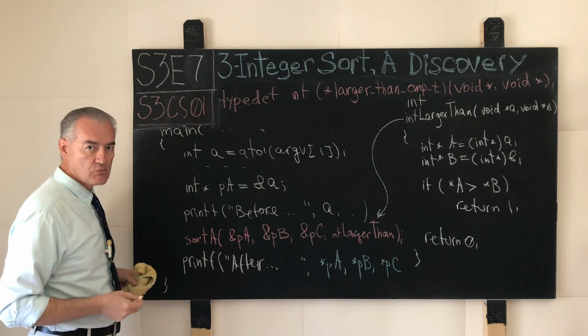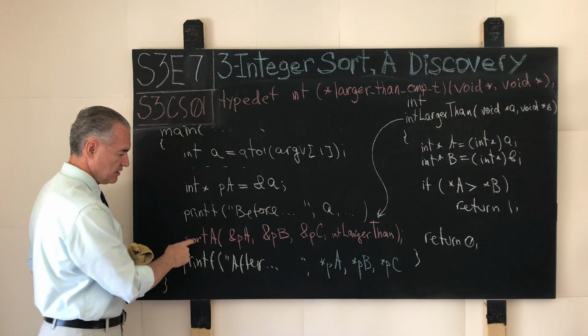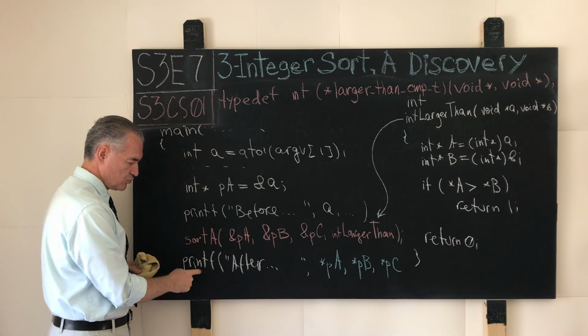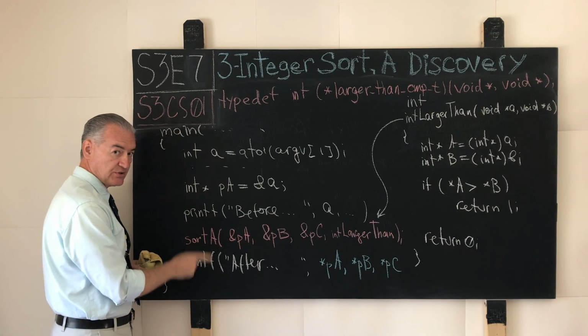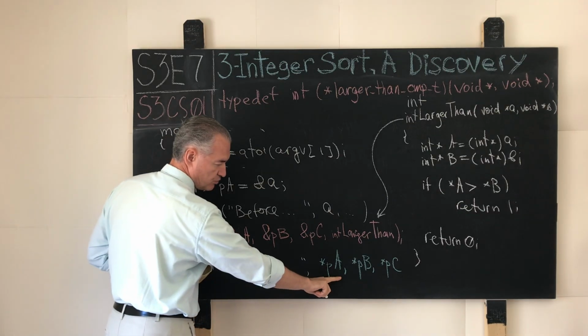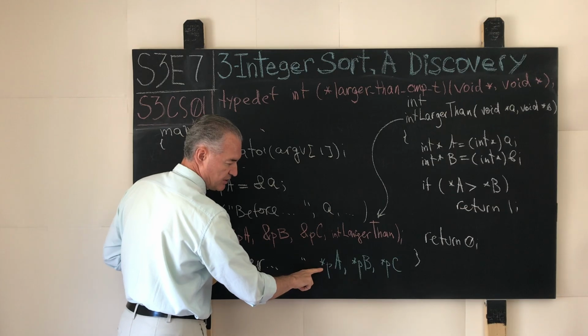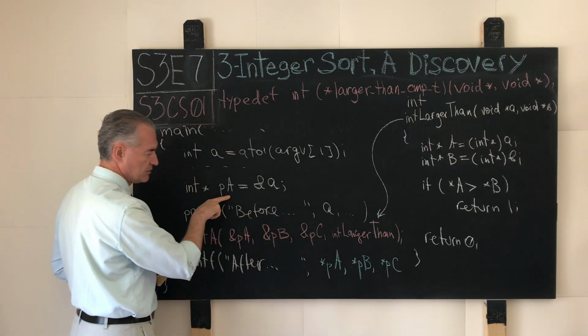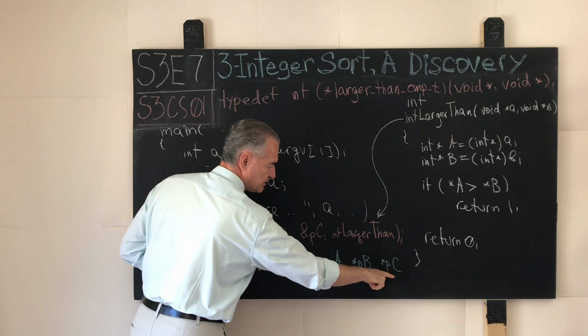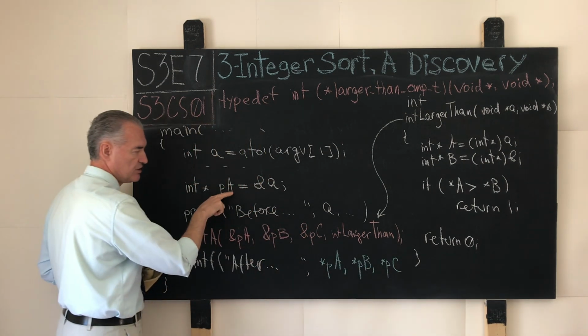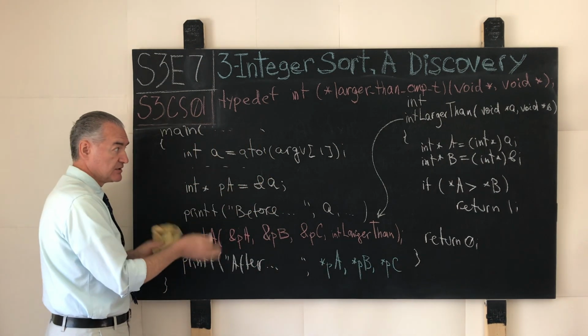That's it, game over. Once that function comes back, it does its thing, it sorts the integers. What we do over here in the printf, that's the important detail I showed to you in blue, guys. Here we dereference the pointers that are stored in these variables, PA, PB, and PC, because the addresses to which these point can shuffle.